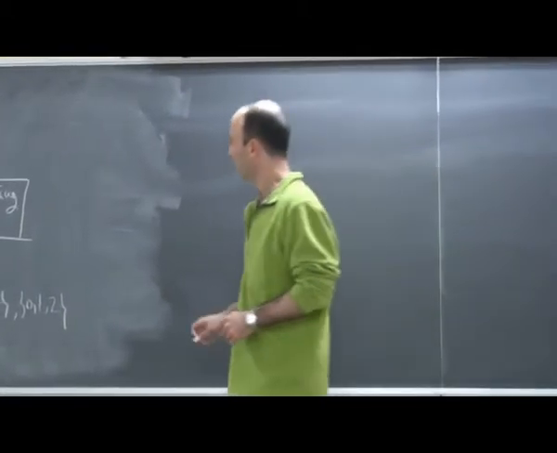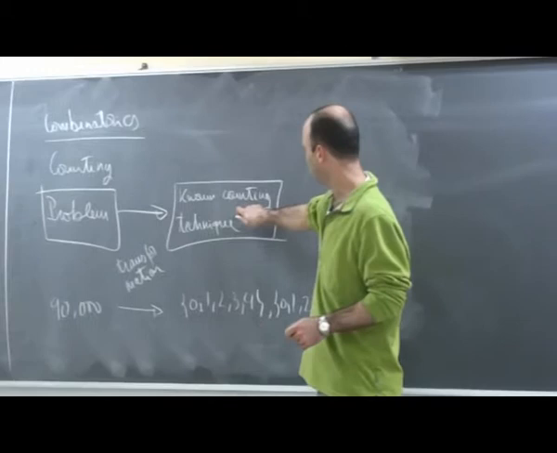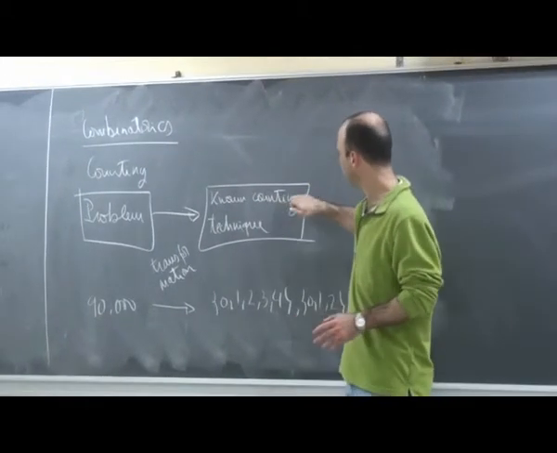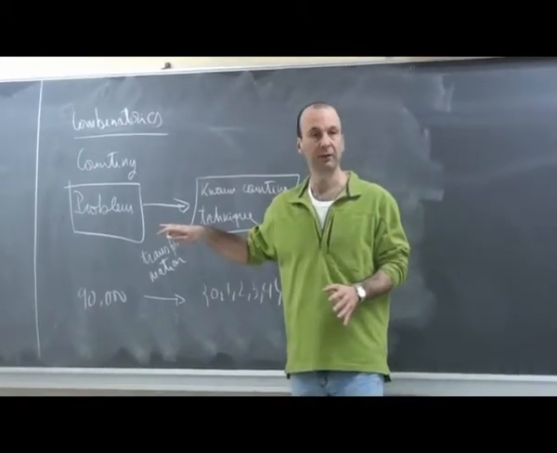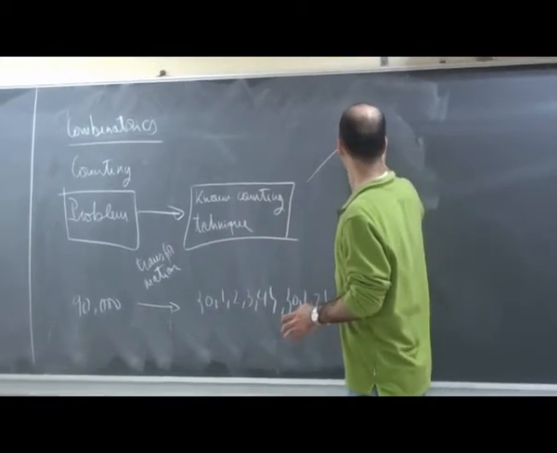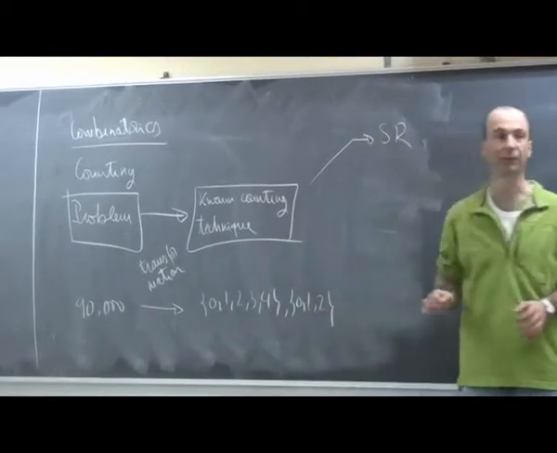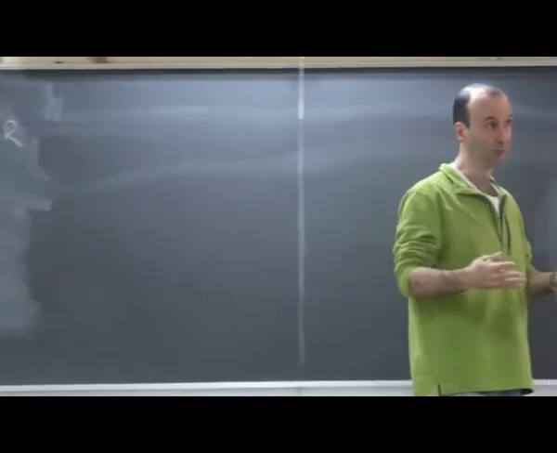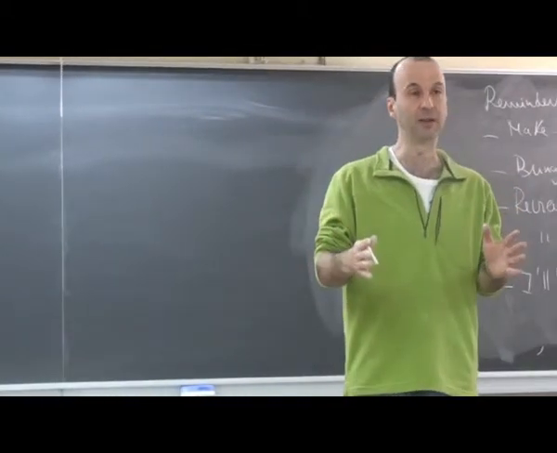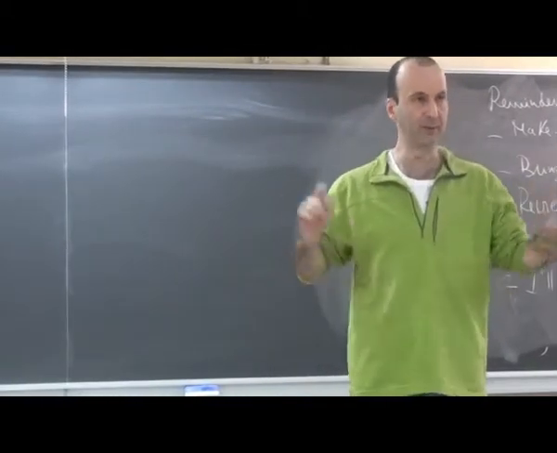Right? Then, what are those known counting techniques? Well, here you have basis 1, the sum rule, which tells you that the cardinality of two disjoint sets is the sum of the cardinalities.